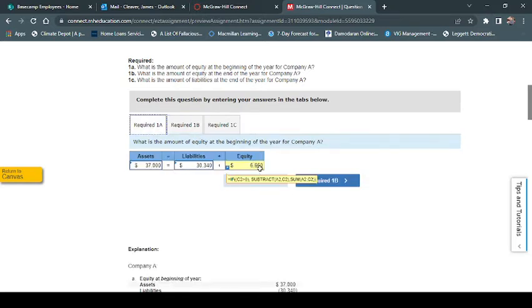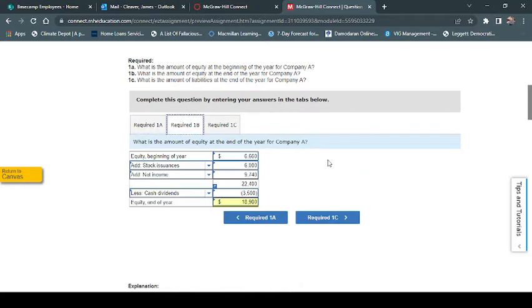Here's B. You had this 6,660 in your equity from the beginning of the year, and so this is how you get your equity at the end of the year, right? From the book you add stock, so you issued more stock, right? You get 6,000 more shares of stock, $6,000 worth. 9,740 was the net income created during that year, and that gives us $22,400 less our cash dividends.